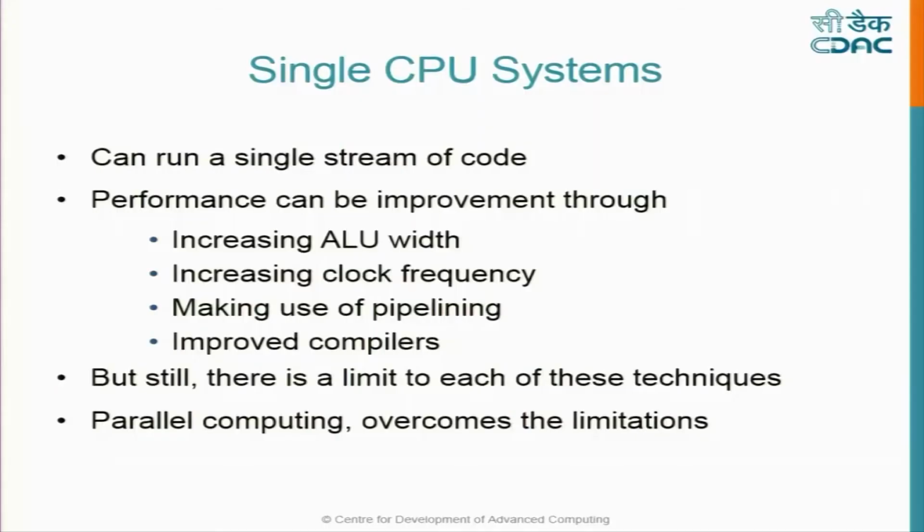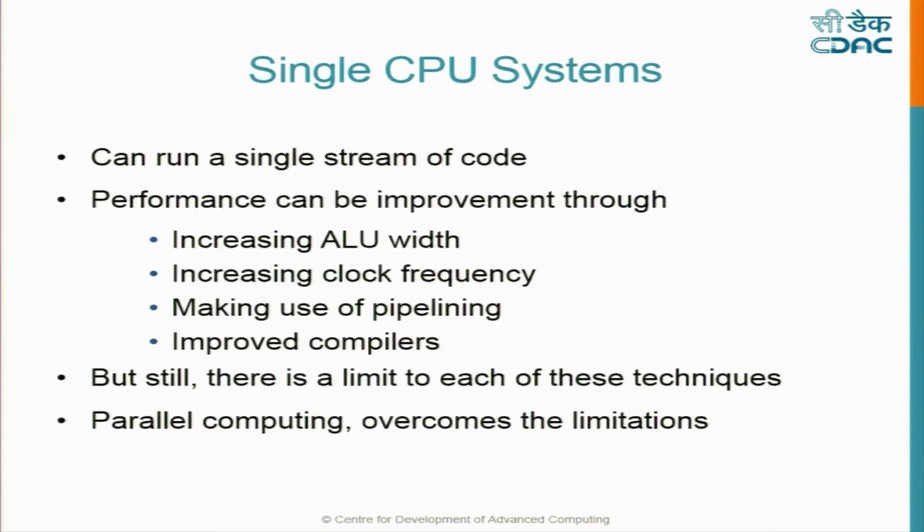So we are increasing ALU width. In the morning he told you, increase the size of the register, increase the size of the ALU, more bits in parallel; what you would do in parts, you can do in one shot.